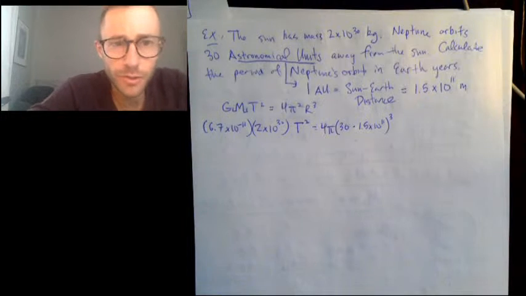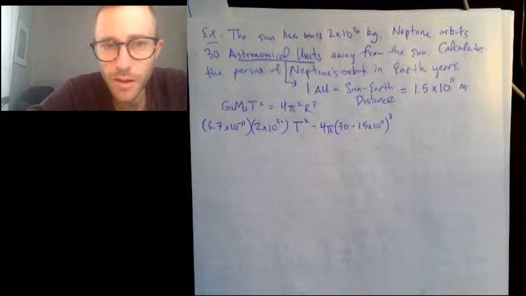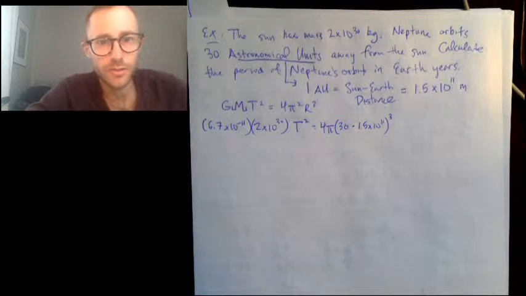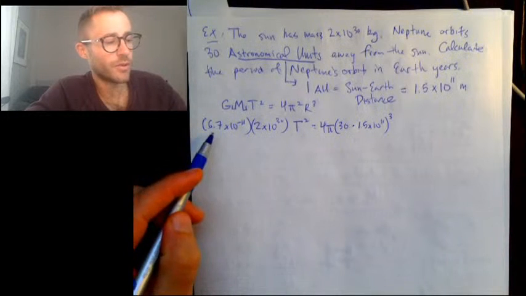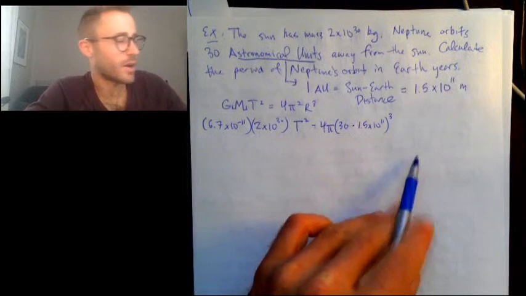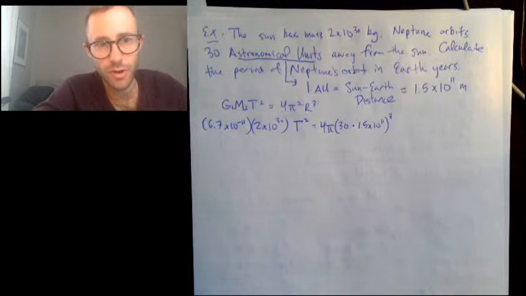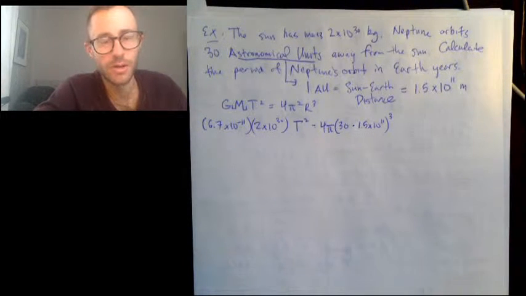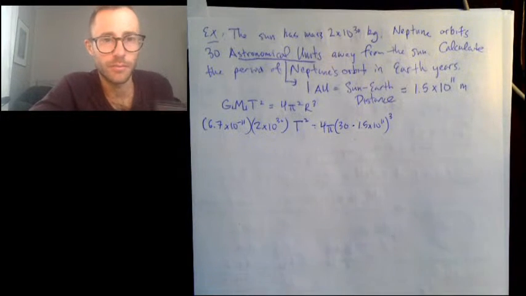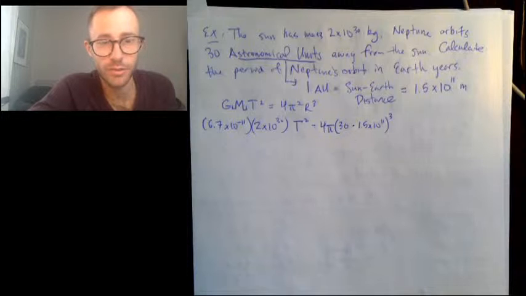So what I would recommend you do in this case is multiply out the numbers on the left-hand side, multiply out the numbers on the right-hand side. So just take it slow. You'll end up saving yourself time by taking it slow with scientific notation numbers, because it's really easy to type it in the calculator the wrong way.